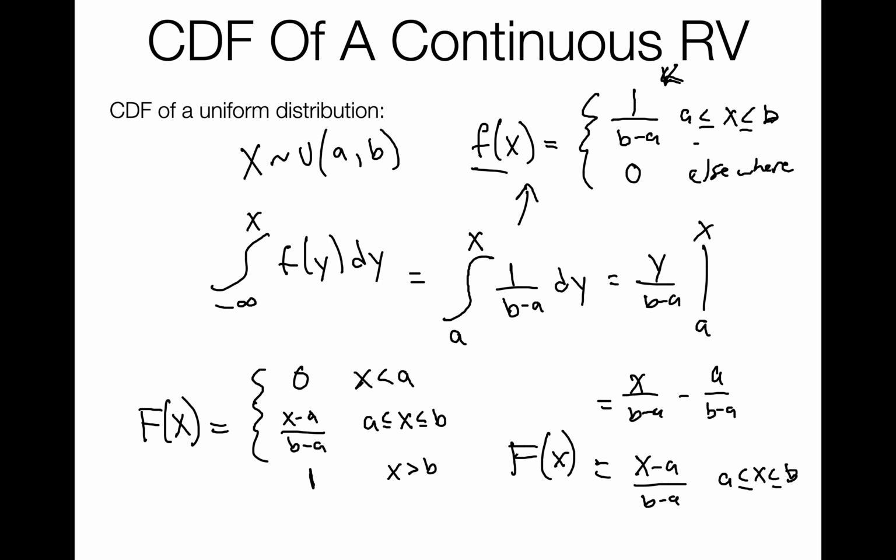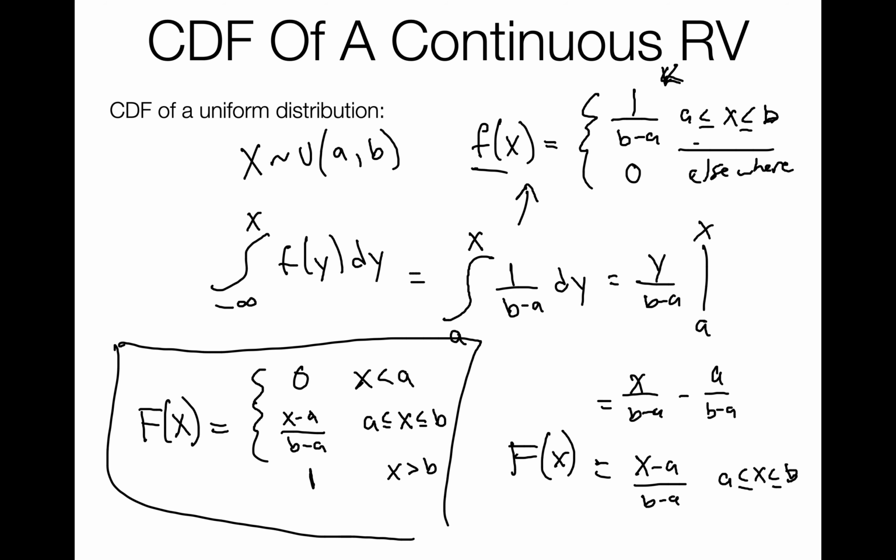Once I hit b, I have hit the full probability I can use because it's all between a and b. And so then it's 1 afterwards. By definition of a CDF, it's always going to end at 1. And so this is the full CDF for a uniform distribution.